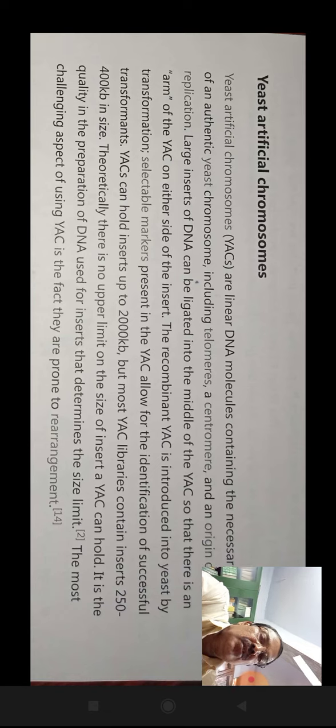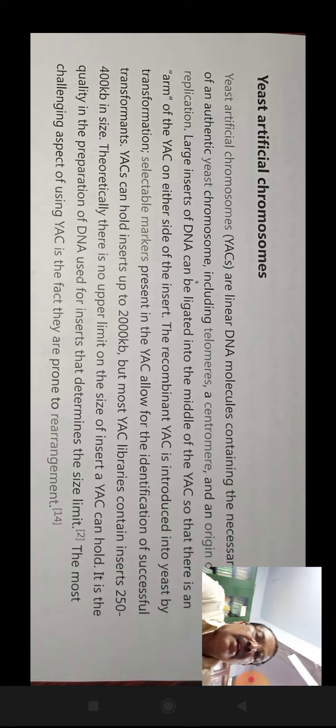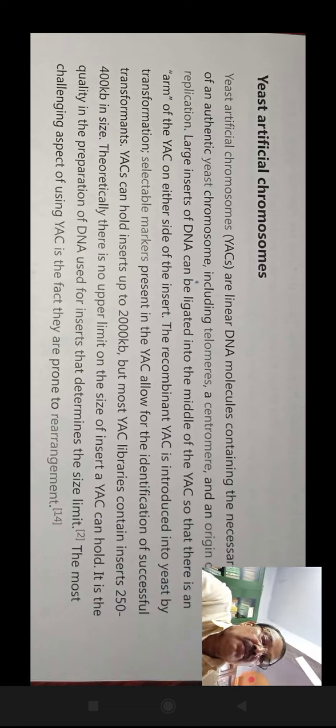Theoretically, there is no upper limit on the size of insert a yeast artificial chromosome can hold. It is the quality in the preparation of DNA used for inserts that determines the size limit. The most challenging aspect of using yeast artificial chromosomes is the fact they are prone to rearrangement.